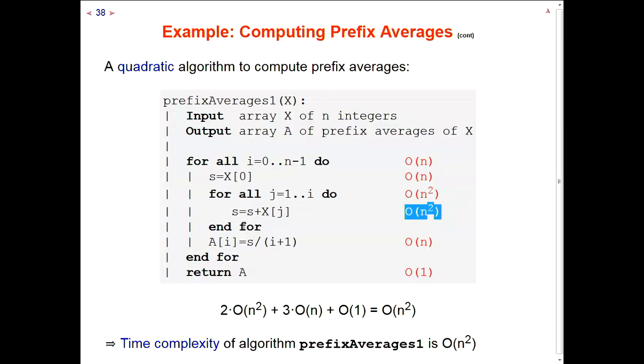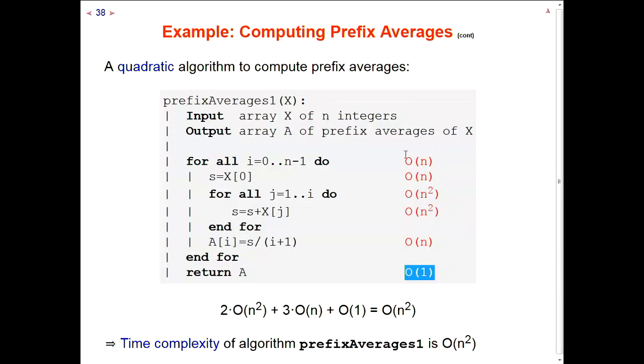And then we get outside of that inner loop, so dividing the resulting sum by the number of elements to get the actual average, we have to do in the order of n times. And then just one operation at the end, a constant operation, is to return the resulting array.